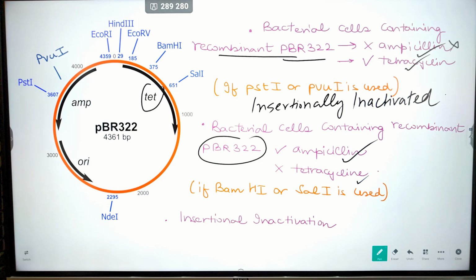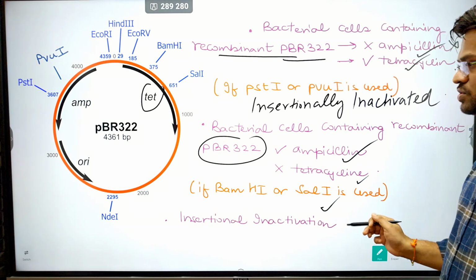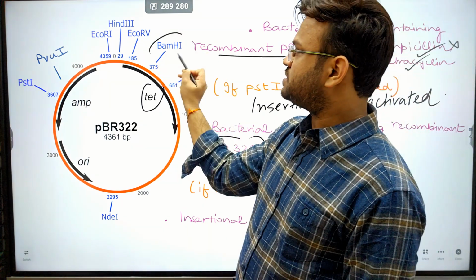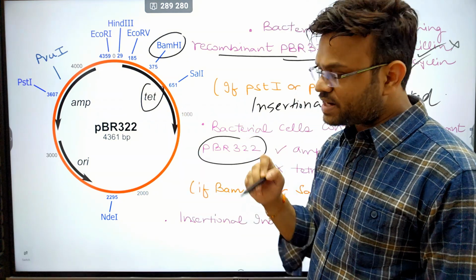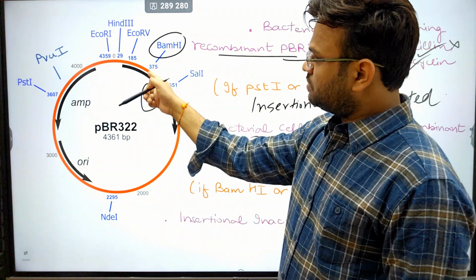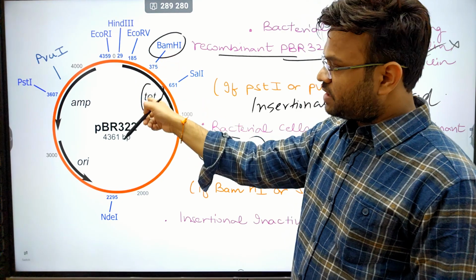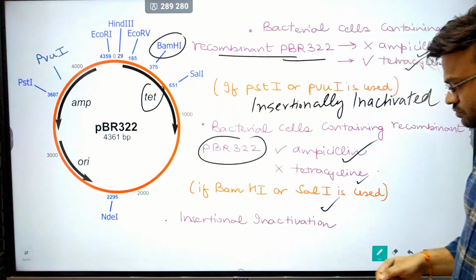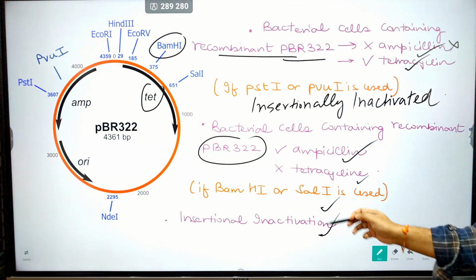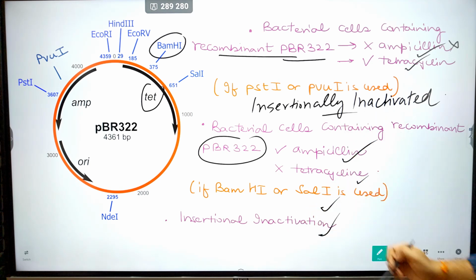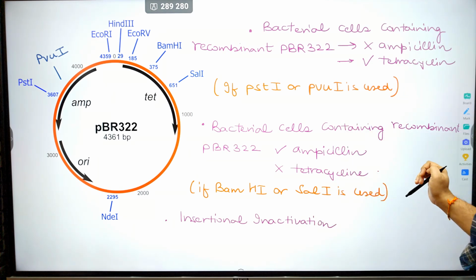Now, if BamHI or SalI is used, generally, if you want to integrate inside the tetracycline resistance gene, you will be cutting it with BamHI or SalI. Insertional inactivation, I had already written over it. So this is complete. You can take a photograph of this and then we can move forward. Okay, I believe you would have taken it.